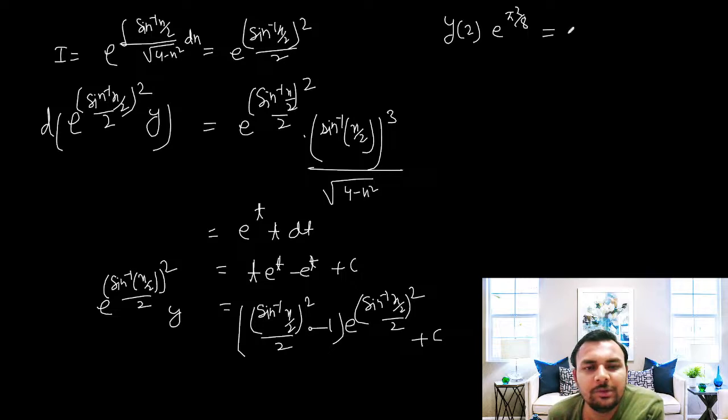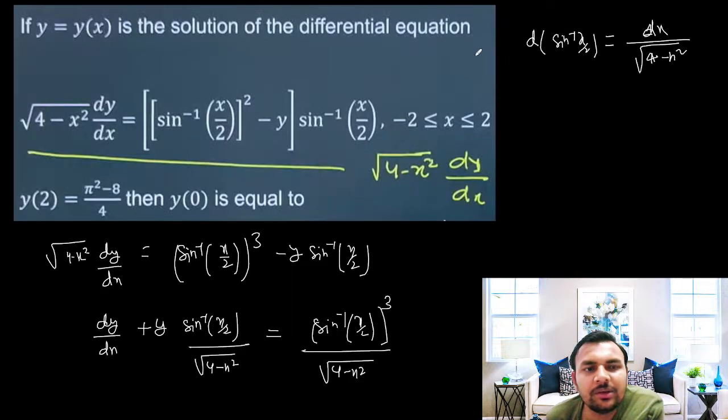Okay, we'll do it. This is pi square by 8 minus 1, e to the power pi square by 8 plus c. This is pi square by 8 by 4.